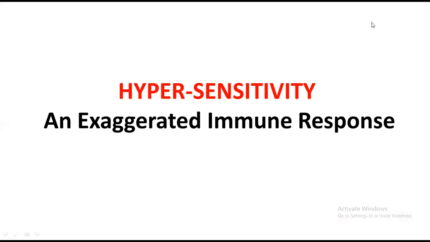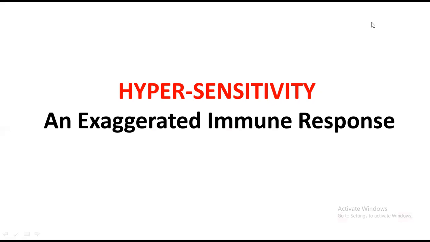The efficiency of our immune system should be kept smooth, so that it can act against the antigen in a very sophisticated way. But if it acts in an exaggerated way, then it can affect our normal body cells, and it can cause different symptoms and other complications to our body.